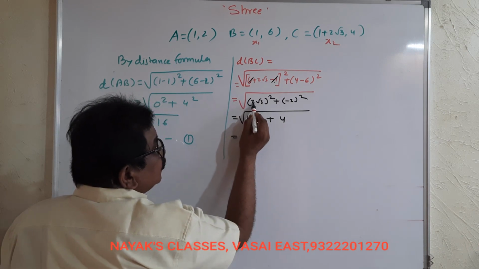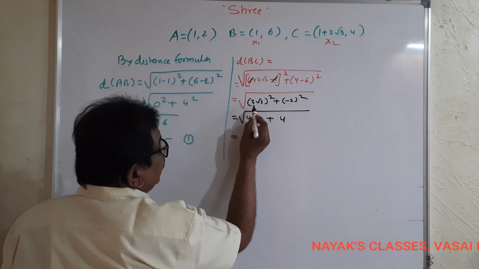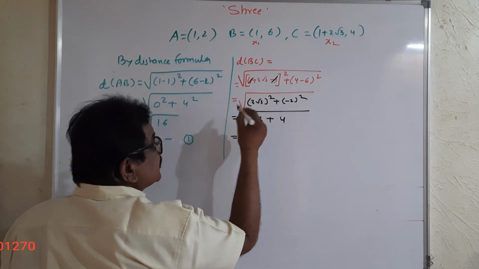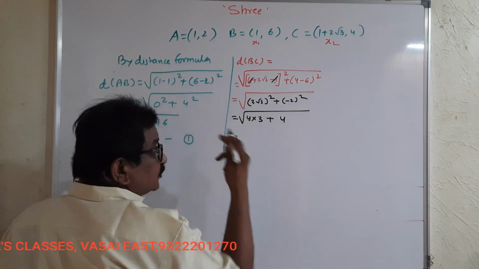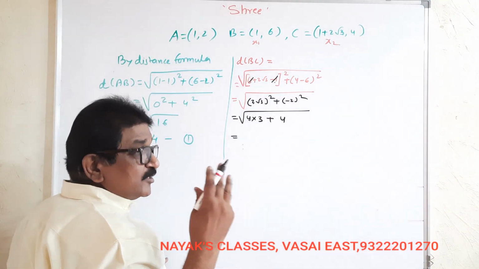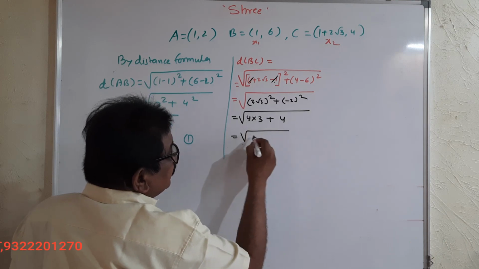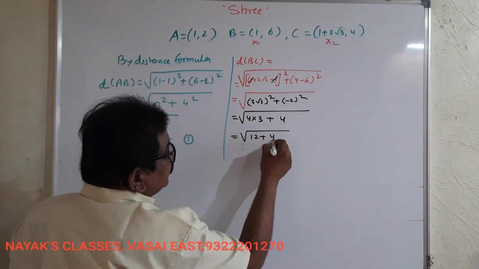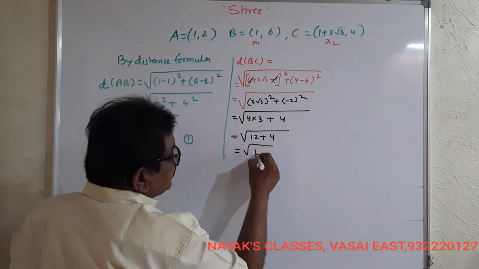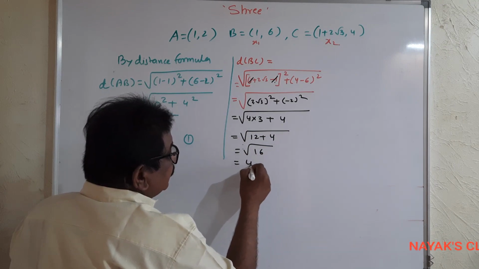Root 3 the whole square is 3. So 4 into 3 plus 4, so under root 12 plus 4, which is root 16, which is equal to 4.